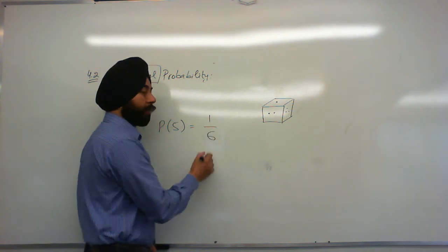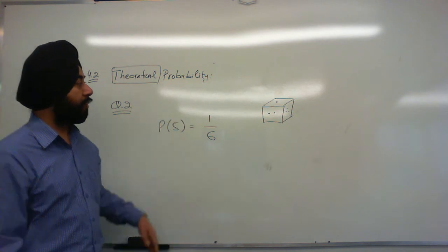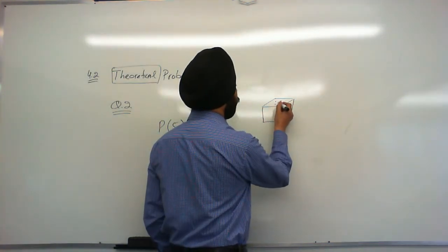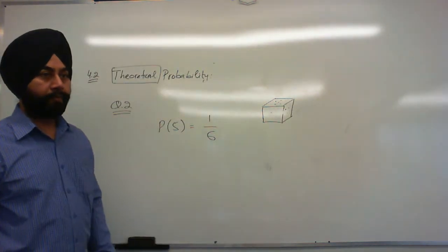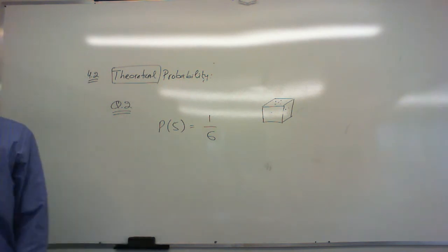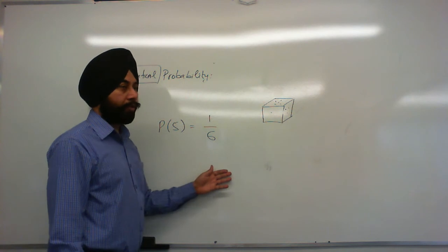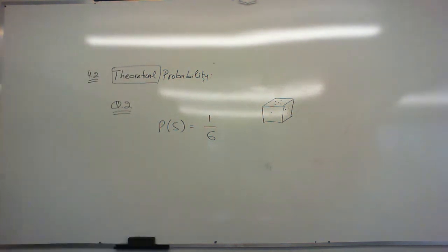It's 1 divided by 6. All the faces got the same probability, 1 out of 6. Then you can convert this number into words and decimal and percent. You can do that on your own.